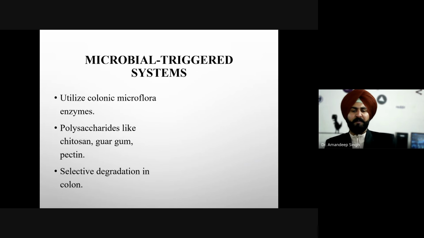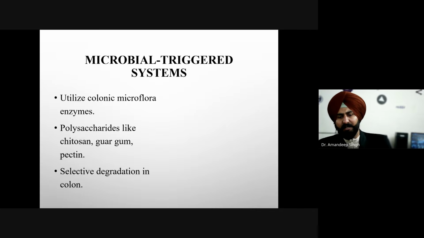Next is the microbial triggered system. For microbes, various types of polysaccharides are there, like chitosan, guar gum, and pectins. They are naturally available and are degraded by the colonic enzymes very easily, so there is a biodegradable nature. No side effects occur if we use this kind of formulation.